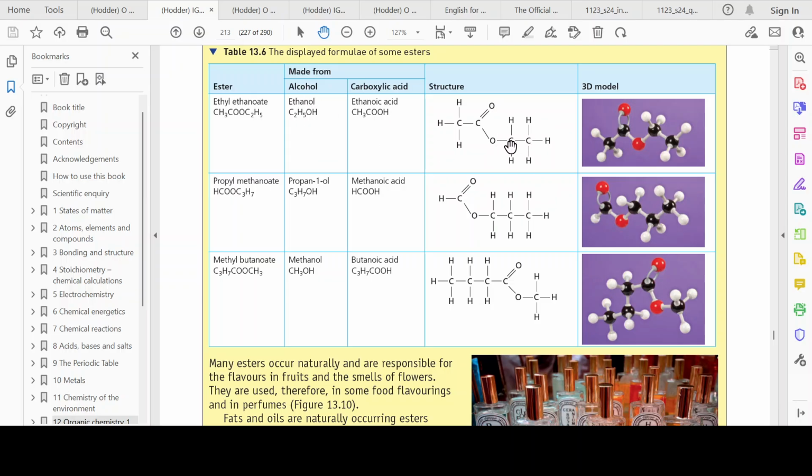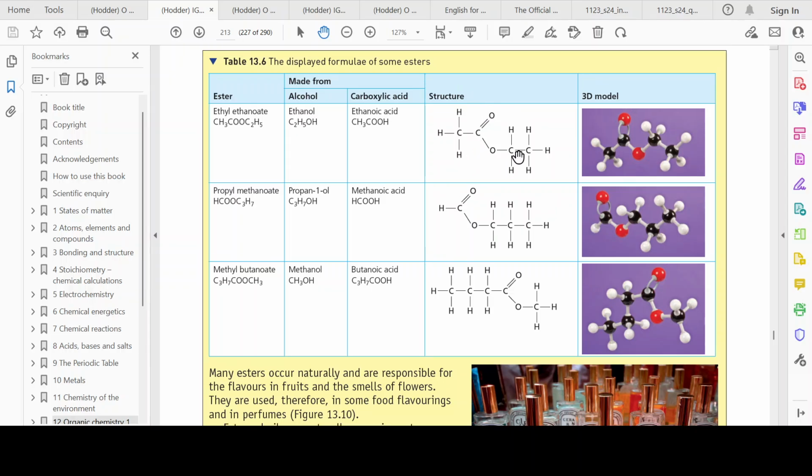The alcohol has lost the OH group, and this carbon has a bond that it's willing to make, so it makes that single bond with the oxygen. So this is ethyl ethanoate, and the C double bond O and then OC is called the ester link.